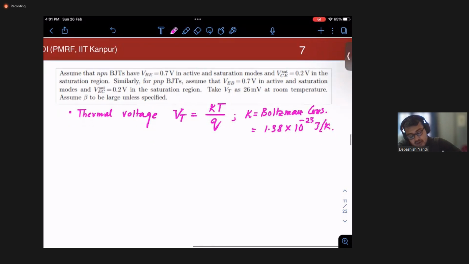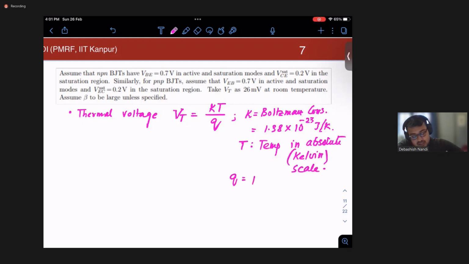I think you all are aware of this. T is temperature in the absolute scale, absolute meaning Kelvin scale. And q is the electronic charge, 1.602 times 10 raised to minus 19 coulomb.